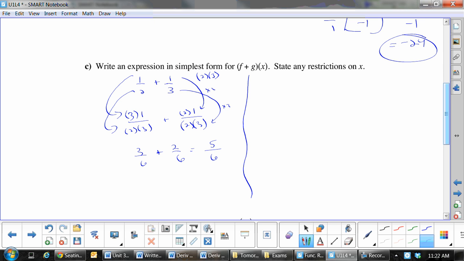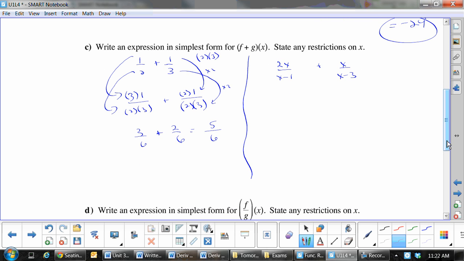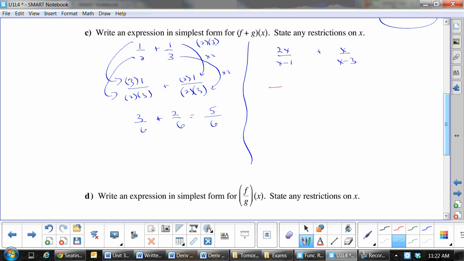I'm doing 2x over x minus 1 plus x over x minus 3. So the first thing I need to do is come up with my common denominator, which would be x minus 1 times x minus 3, just like we did in grade 8.